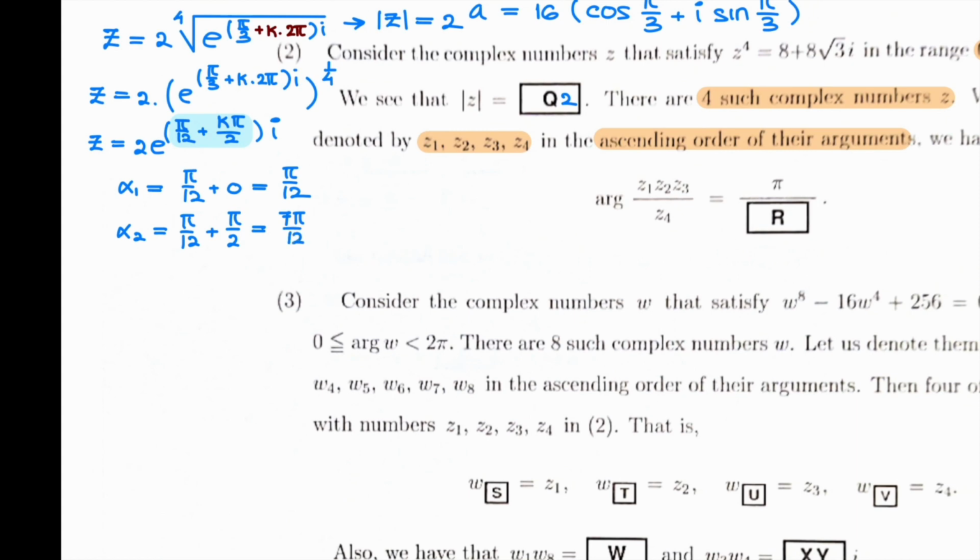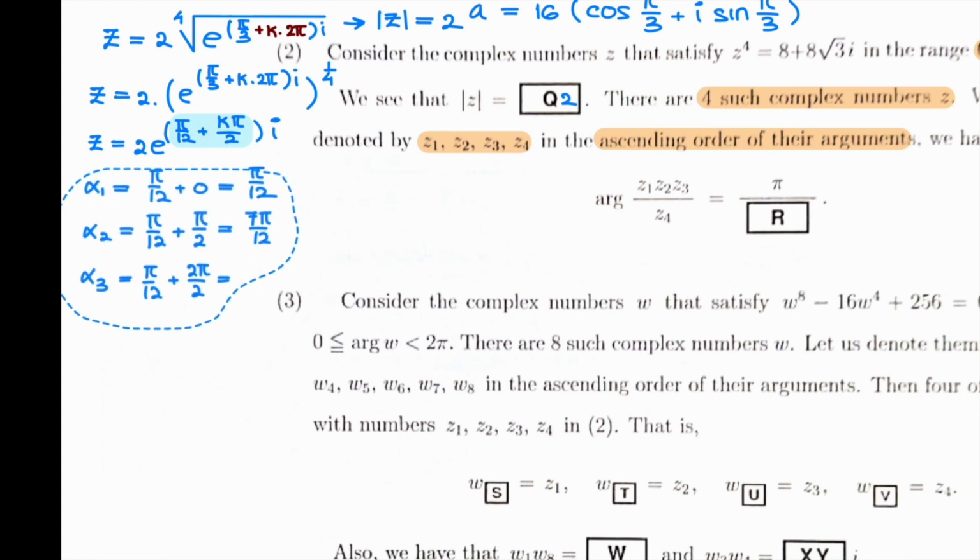And then alpha 3 is equal to pi over 12 plus 2 pi over 2. If you calculate this, you will obtain 13 pi over 12.